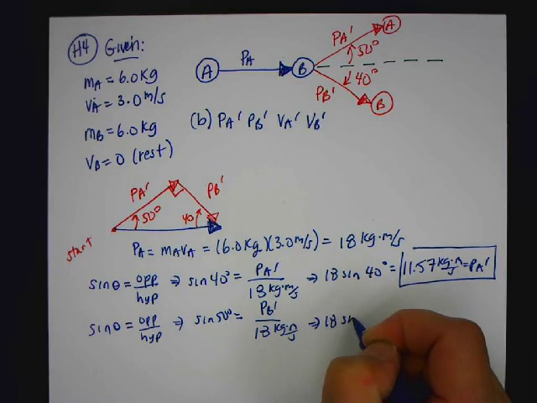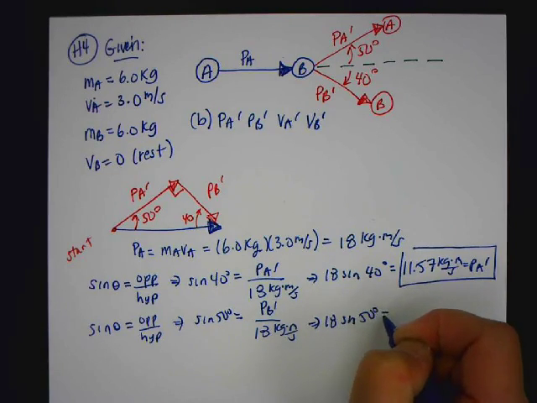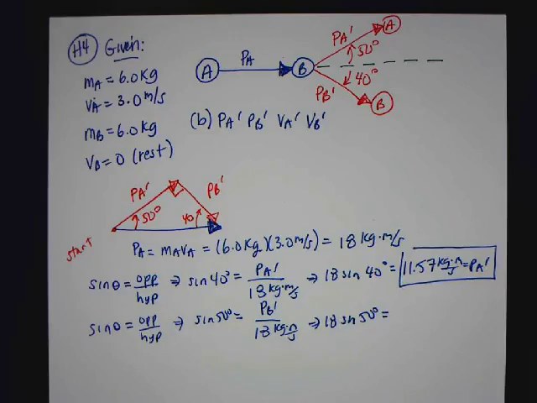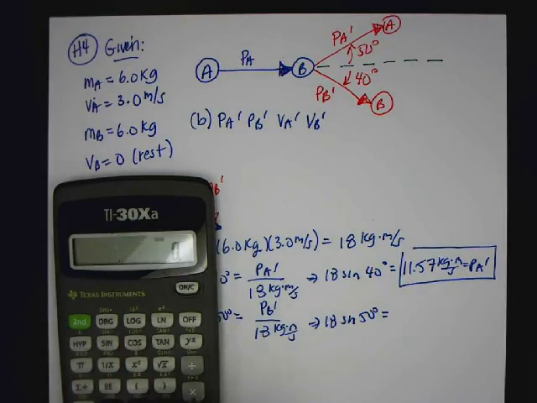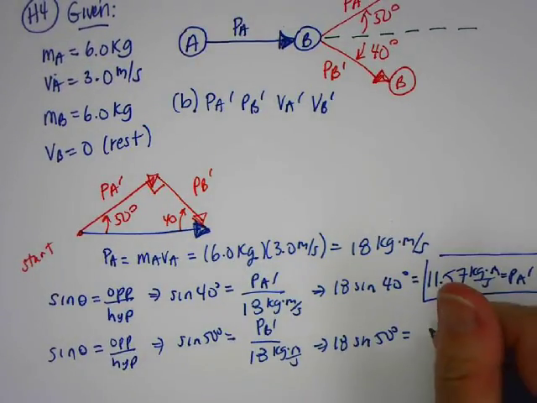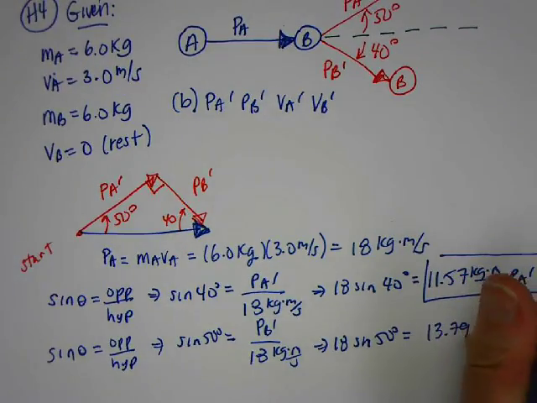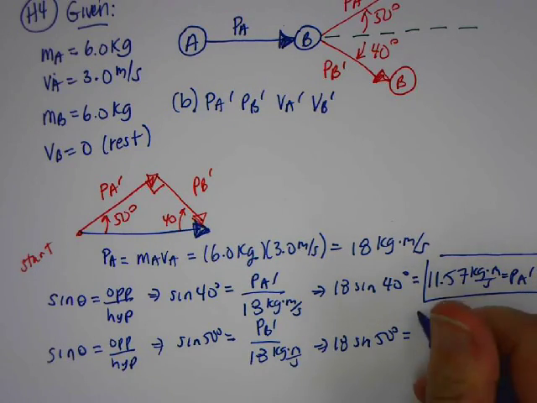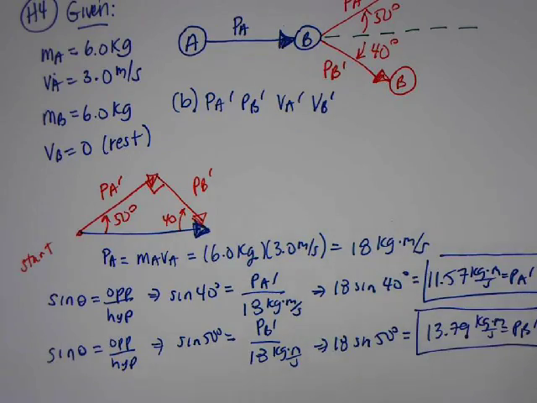So 18 times the sine of 50 degrees, and when I do that on my calculator, 50 sine times 18 equals 13.79. So 13.79 kilogram meters per second is equal to PB prime. So now I have the momentum of A and B.